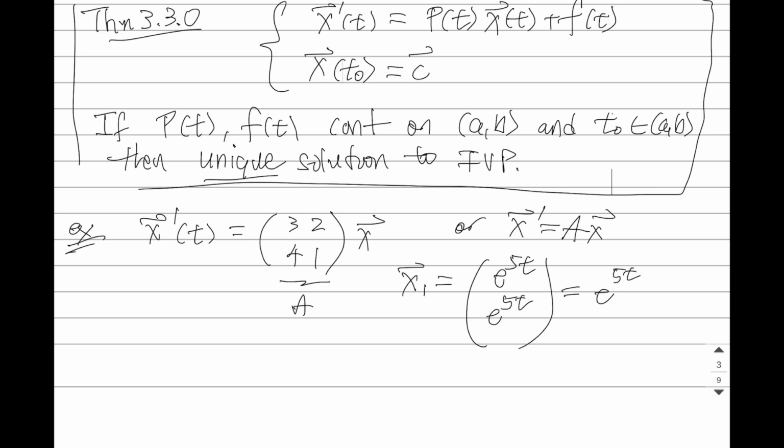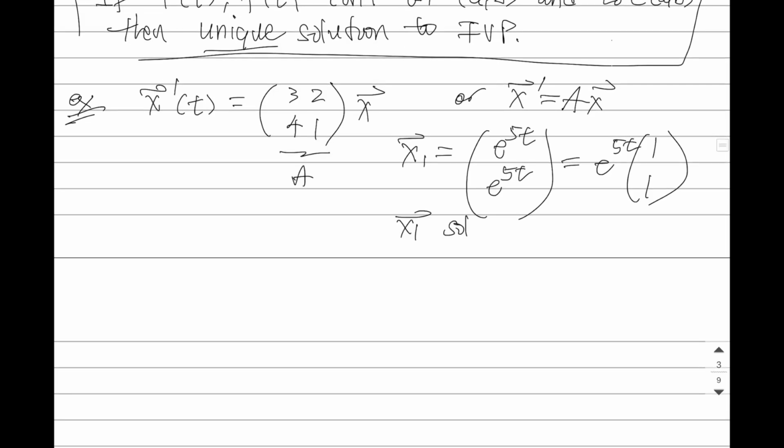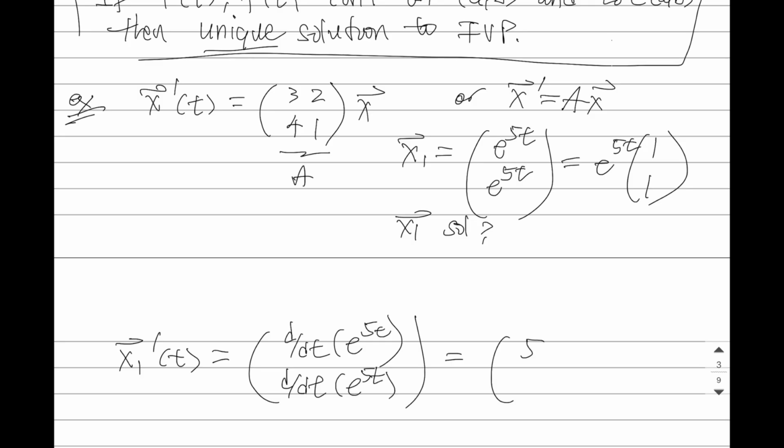We would write this as e to the 5t times 1, 1. Is x1 a solution? Okay, well, x1 prime of t would be like saying take the derivative of each component, and that would give you 5 e to the 5t, 5 e to the 5t. And if you wanted to, you could write it as 5 e to the 5t times 1, 1.